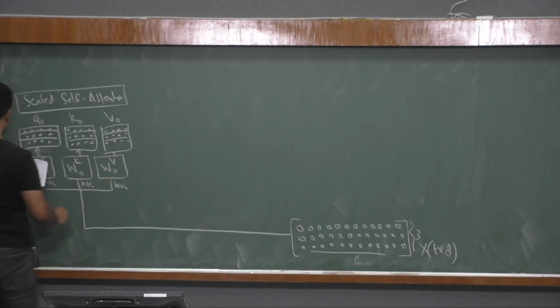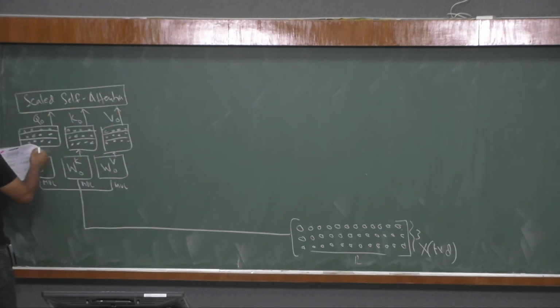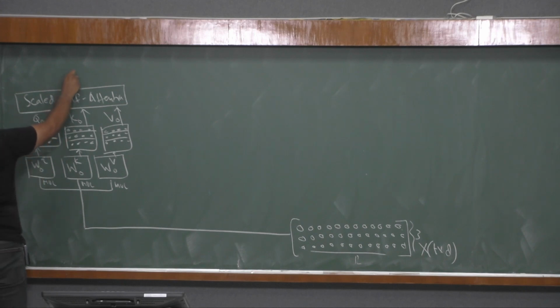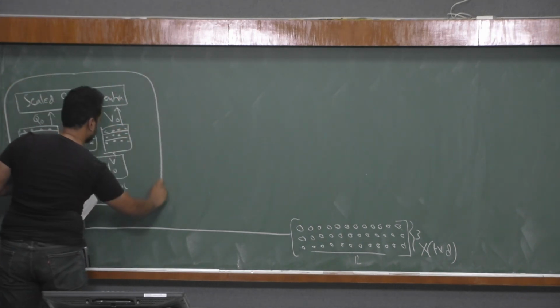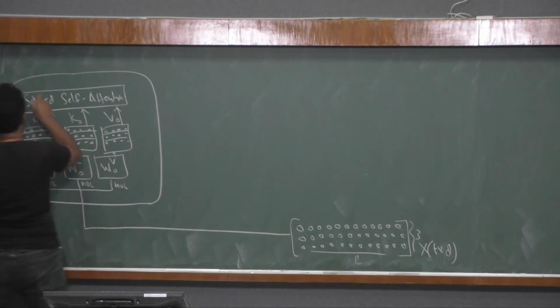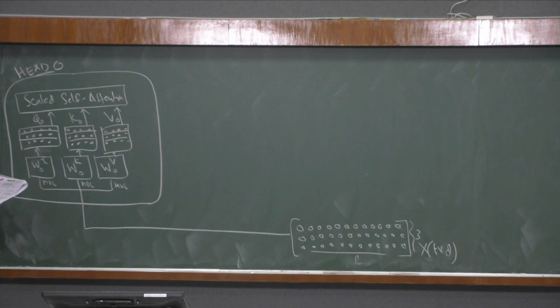So this is the first head, and all this goes into the scaled self attention layer, and we call it one head. Okay, so this is our head 0. Similarly, we can have head 1 and so on.